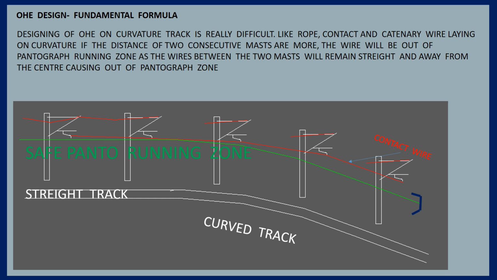So the pantograph will go outside the contact wire and will break. So we have to design the distance between two masts. What is the limitation? What is the formula? I will discuss it step by step, but with various videos.